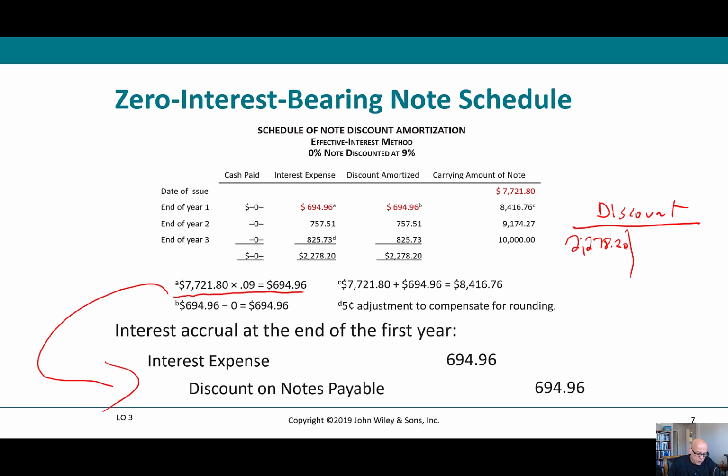Okay, 2278.20. Here we're crediting it for $694.60, and of course, when we do that, 2278.20 minus 694.60 gives us a new amount for the discount here.